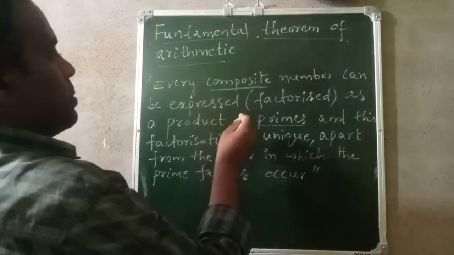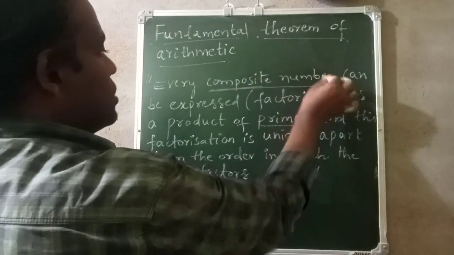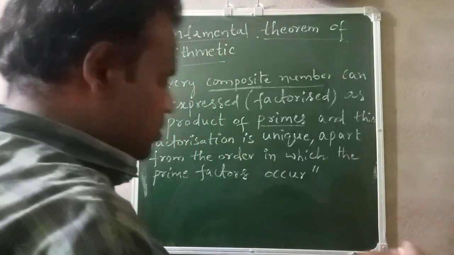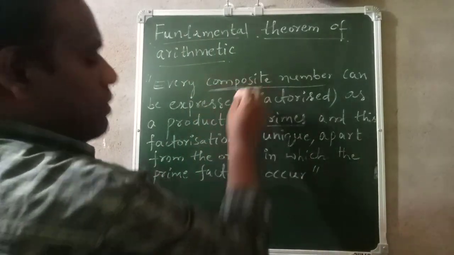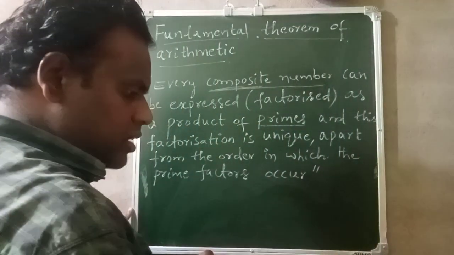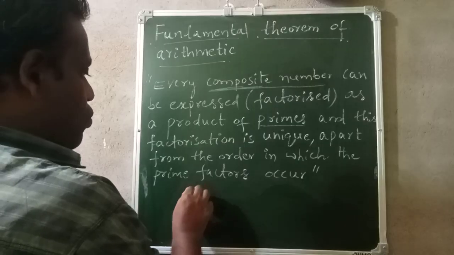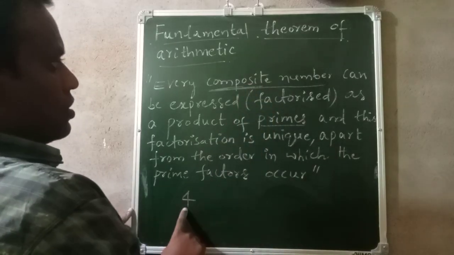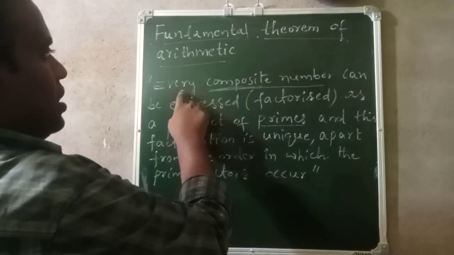Now what is this statement saying? Every composite number. So for composite number, I will take 4 as an example. What is this saying?